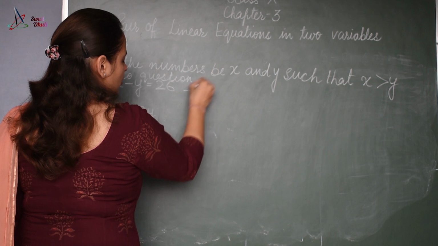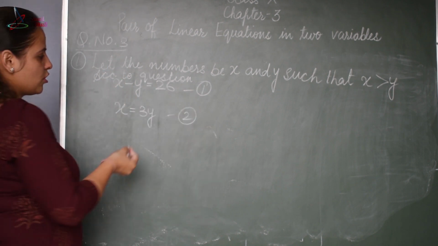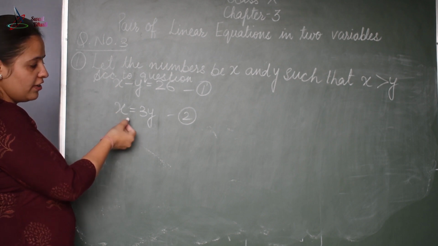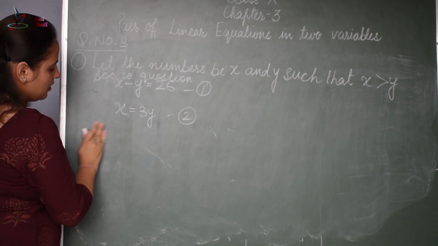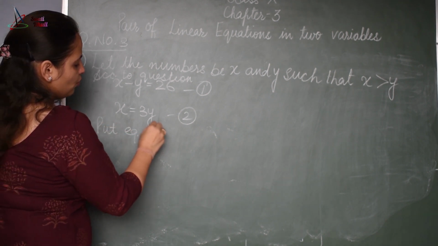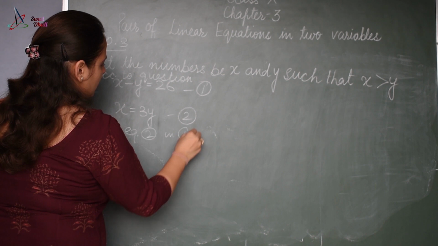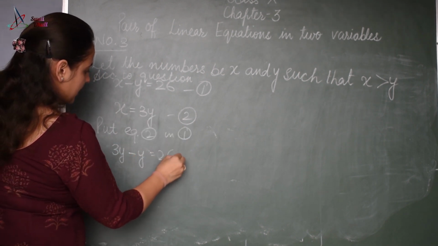So this is equation 1. You have got two equations. We have to solve by substitution method. We are already given x is equal to 3y, so we can substitute here. That is, put equation 2 in first. So 3y minus y is equal to 26.